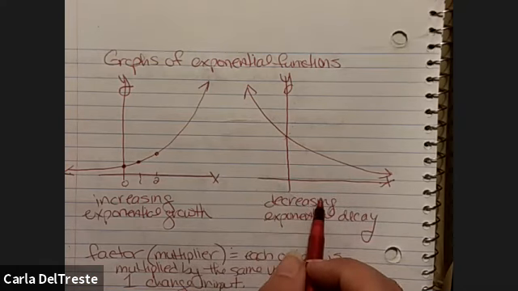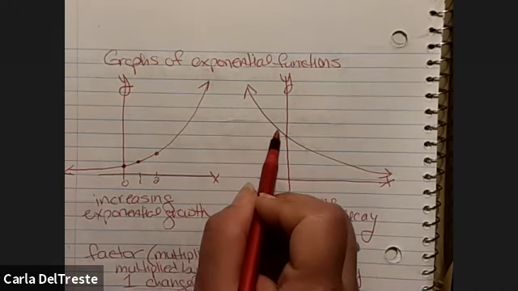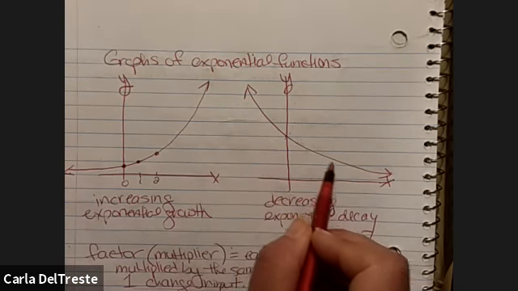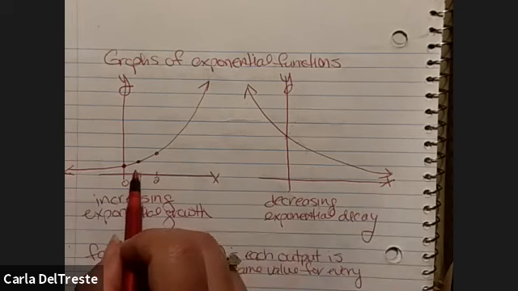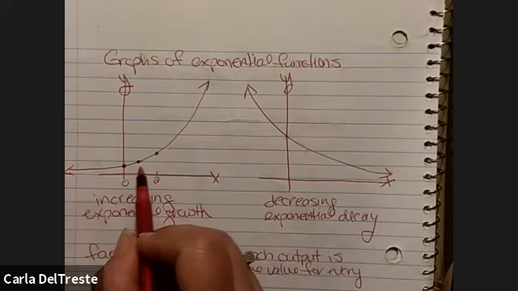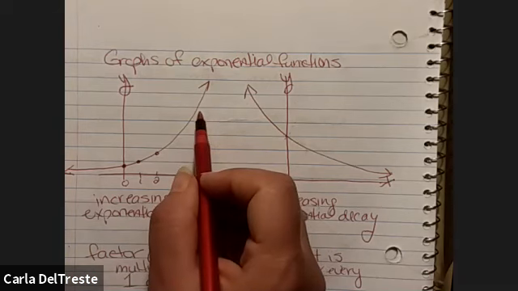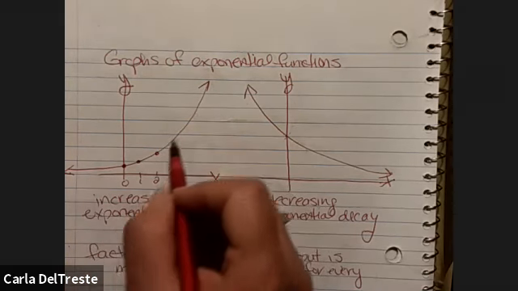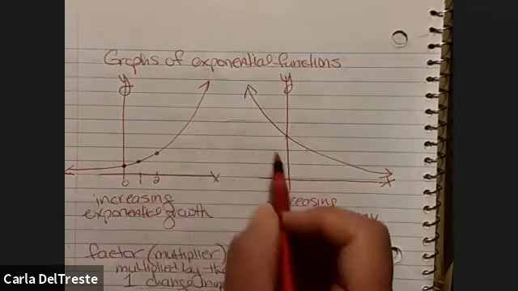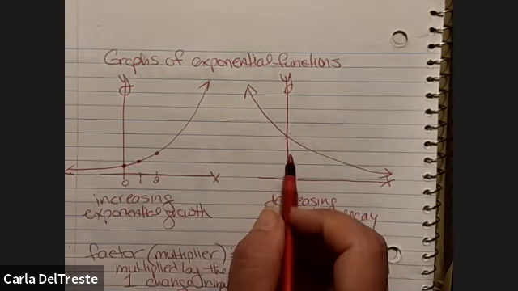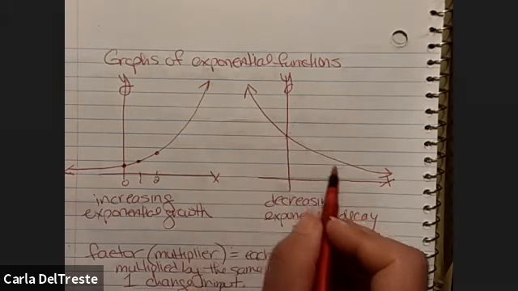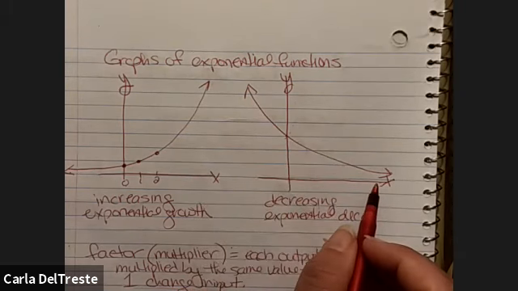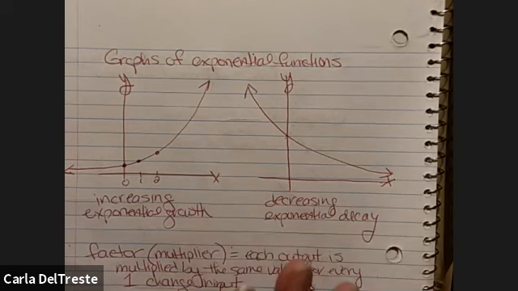It's between 0 and 1 because I'm only taking a portion of what I had every time. This must be a positive percent change, okay, because I'm going up, I'm adding on more. This must be a negative percent change because I'm taking away as I move forward. So all of those things will go together.